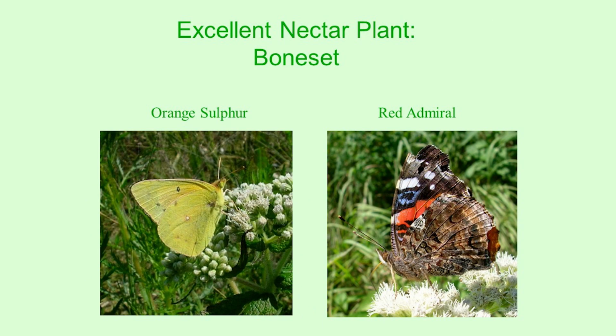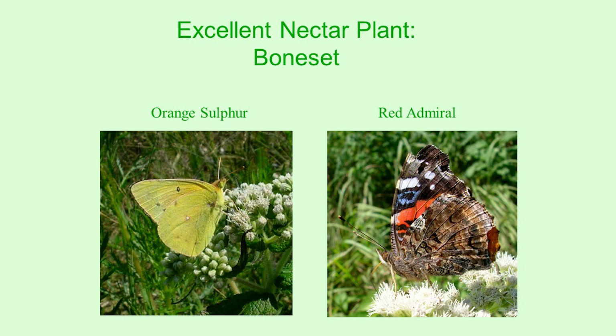And in the same family of plants as boneset. Now, boneset in the wild you usually find at the edge of ponds or creeks and things like that. They require maybe a little bit more moisture than the Joe Pye weed.